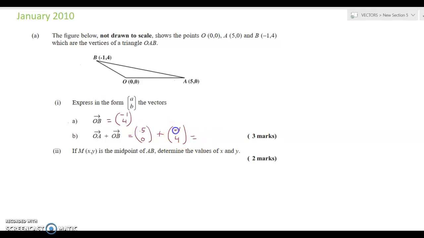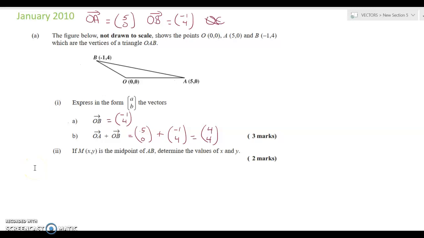So 5 plus negative 1, which would be 5 take away 1, you're going to get 4 here. And then 0 plus 4, you're going to get 4. So that's the answer there. What I should have added at the top, vector OA is (5, 0), vector OB is (-1, 4). So OA and OB, those are the information given to us.